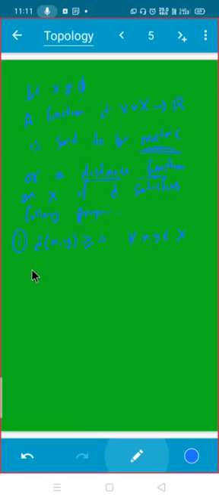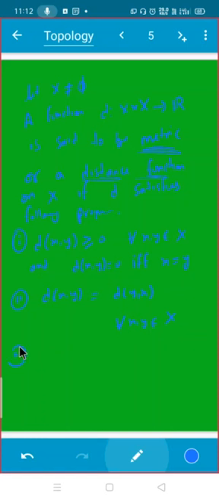And in the first property there was one more thing, that is, distance will be 0 only if x is equal to y. When both the points are same, then distance is going to be 0. What is the second property? Distance between x y is same as distance between y x, for all x comma y belongs to x.